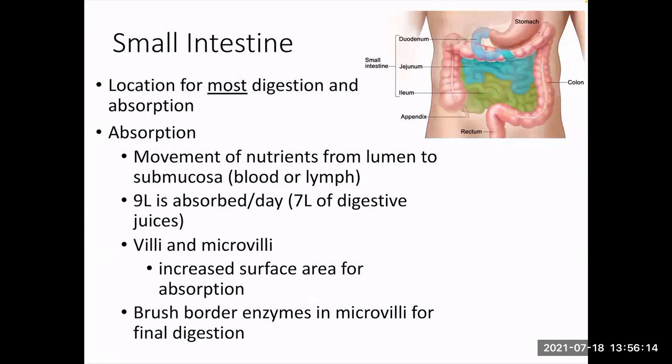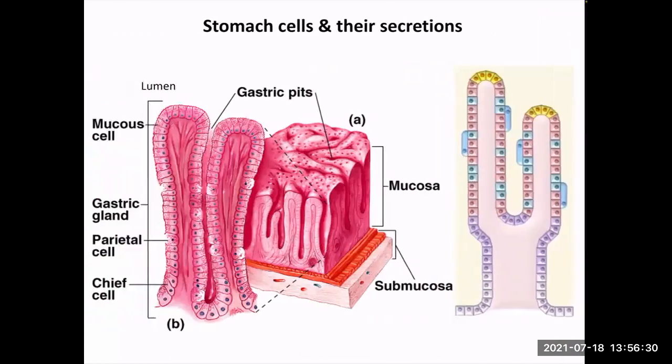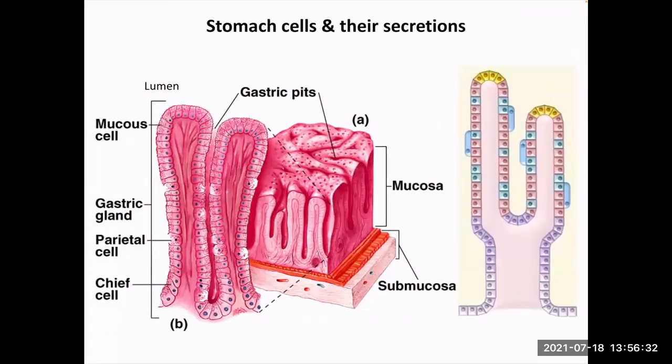Okay, so to enhance or increase the amount of surface area so that you can do more absorption, you're going to have things like the villi that extend out. And then on each of those cells, when you see this image, you see the edge of the villi, and each little cell has a fuzzy looking edge.